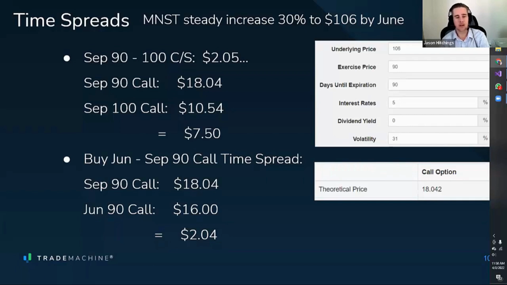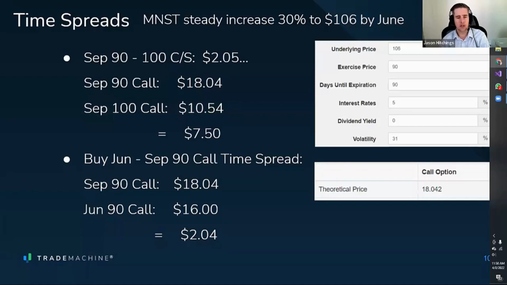And how much intrinsic value is in the 90 call if stock's trading at $106? Well, you can buy stock at $16 less than the market price. So you could buy stock at 90 and immediately turn around and sell it for 106 and make $16 per share. And so the June 90 call is worth $16.